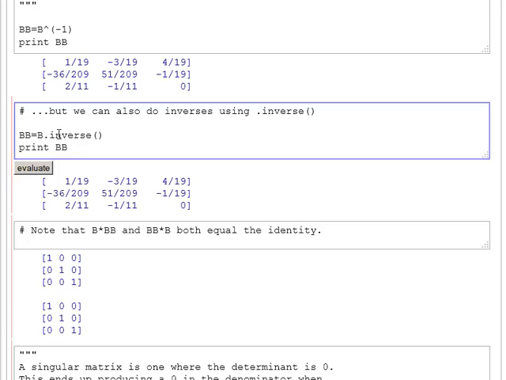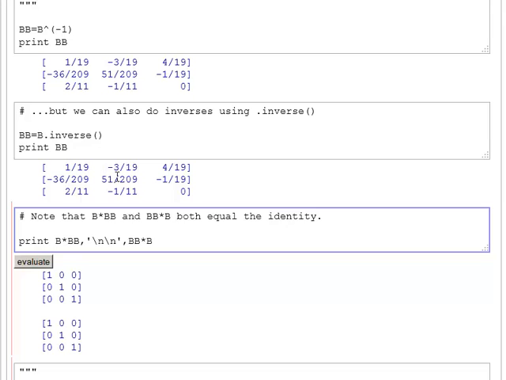And so this is sort of like a function that's embedded in this object. And so it's just B dot inverse with parentheses. And that's going to create BB. If we print it, notice we get the same thing here as we did before. And so that's another way of getting an inverse.